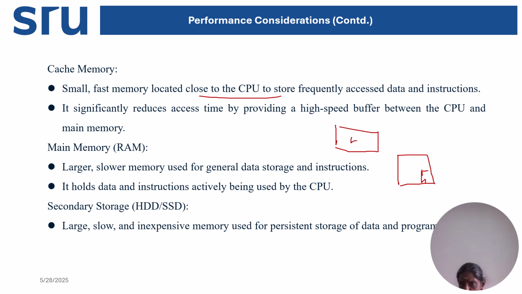The access time for 5 will be very small from the cache, and it will take more time to go to main memory, where it has to search for the address of the data. So it takes more time and supplies the data in a delayed manner.